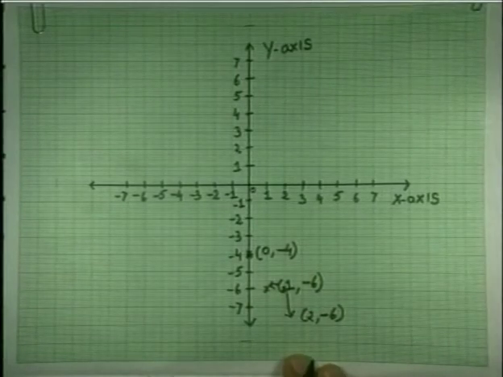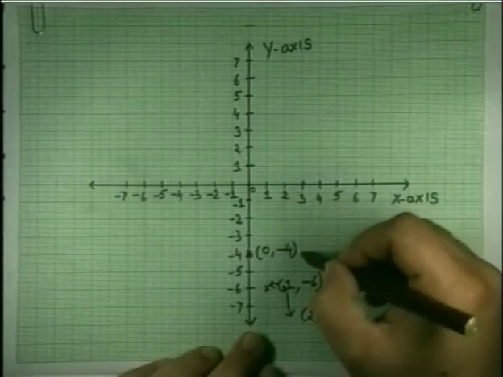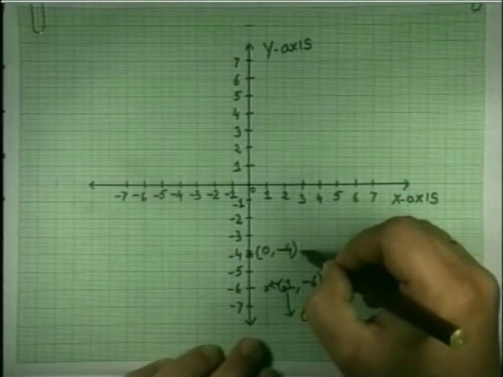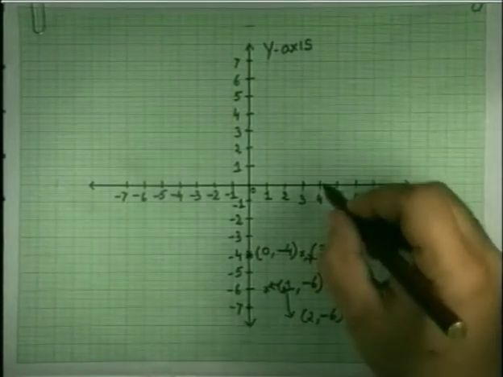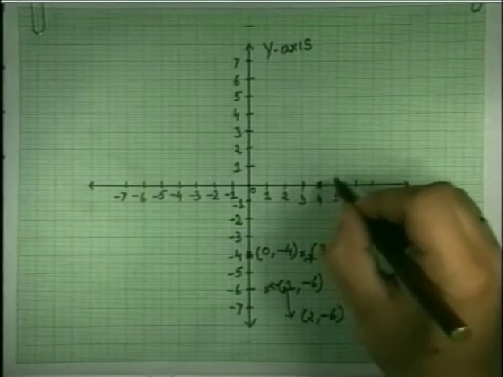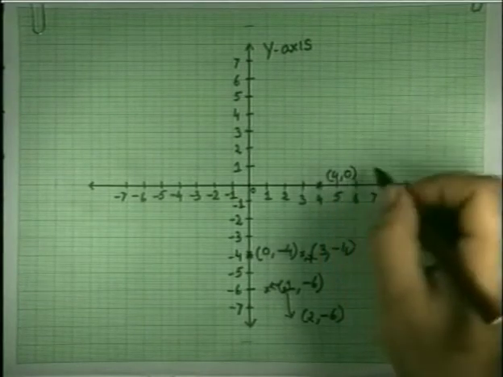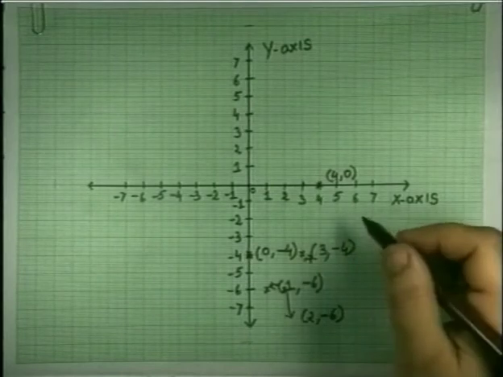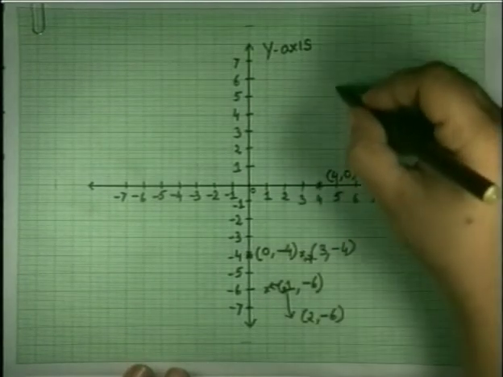Next is 3, minus 4. 3, this is minus 4 here. Next is 4 and 0. So this is the point here, 4 and 0. Next comes 5 and 6. This is 5 here and 6 on the y-axis.